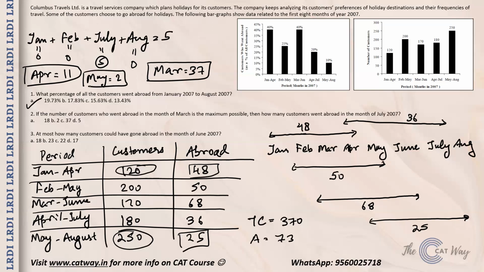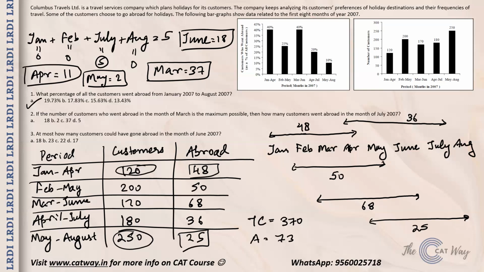Then March to June we know is 68. Out of that 68, March is 37, April is 11, 48 is gone, and 2 more of May is gone, right? That means June is left, and June will be taking over for 18 trips.